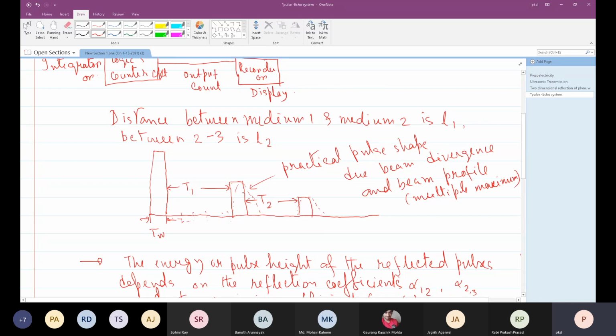In that case, usually pulse shaping or some smoothing has to be done to trigger the counters.